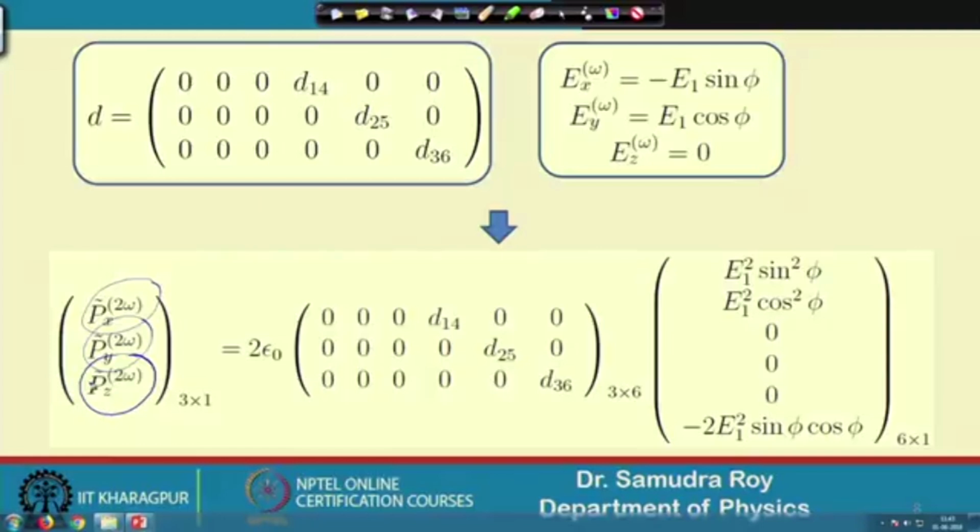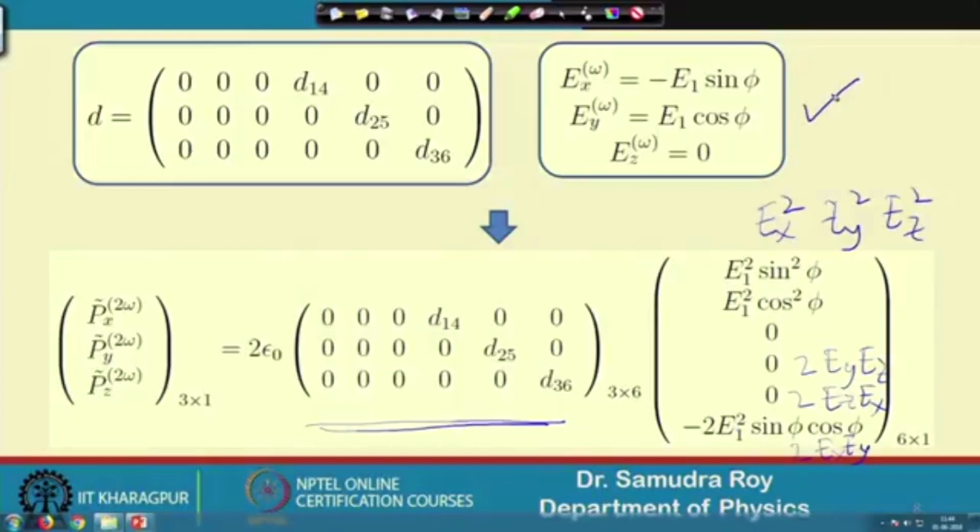Here we have the D matrix written, and we have the column matrix with the components of the E field, and this will be in terms of phi. So, now Ex is E1 sin theta, so I will have E1 sin square theta because this is Ex square, then Ey should be E1 cos theta, so we should have E1 cos square theta.